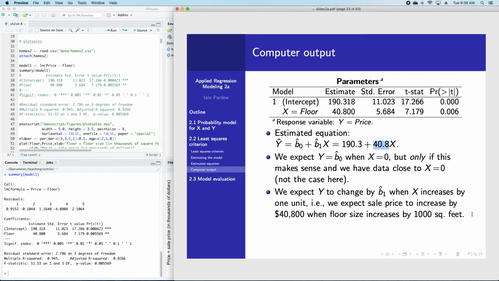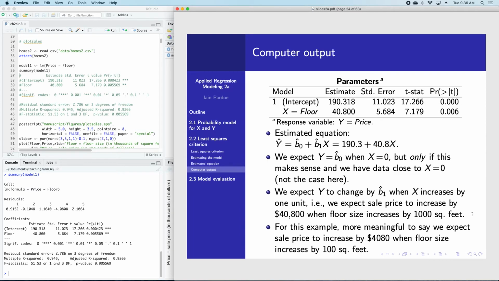So that's technically what the 40.8 means in this context, but it might be a little more meaningful to change the scale here, so it's more applicable to the situation at hand. It's easier to think about 2 houses that differ by 100 square feet than 2 houses that differ by 1,000 square feet.